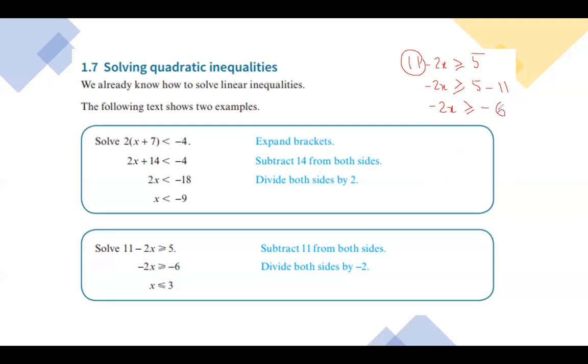Okay, where there is a negative sign, both negative signs cancel out, so the inequality changes. In this case, there is greater than or equal to, and it must be changed into less than or equal to. So x is less than or equal to 3.